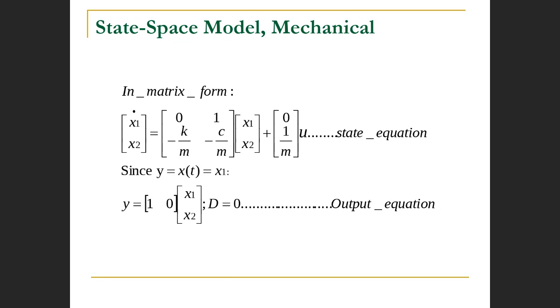Question? So the D equals zero part. So what was that again? You will call that y equal to C x of t, and here x is the state vector, plus D u of t.